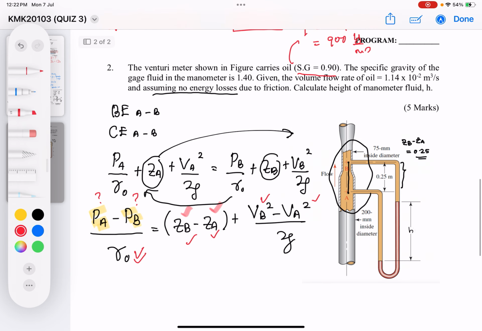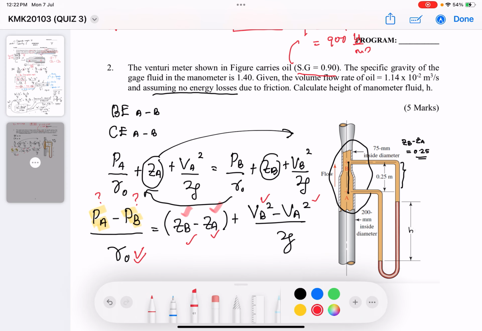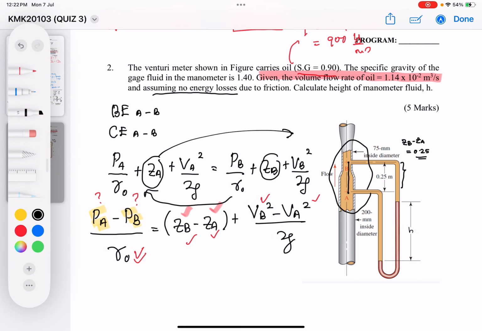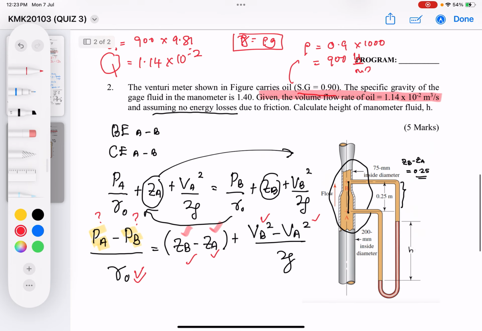But if you notice, in the question they gave me a statement: the volumetric flow rate of the oil is 1.14 times 10 to the power of negative 2. What does it mean? It means that the volumetric flow rate, or Q, equals 1.14 times 10 to the power of negative 2 meter cube per second.